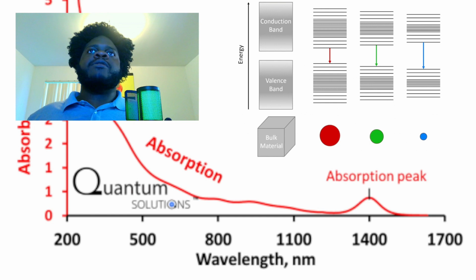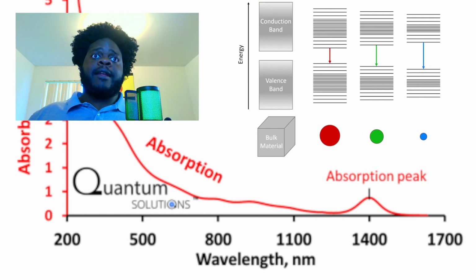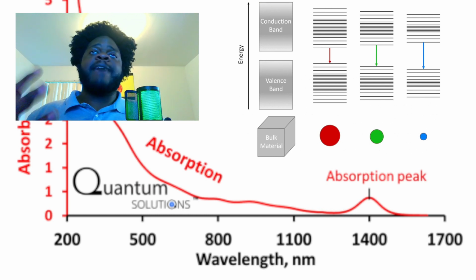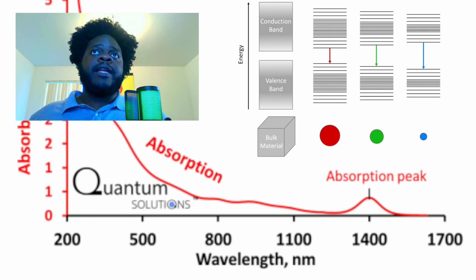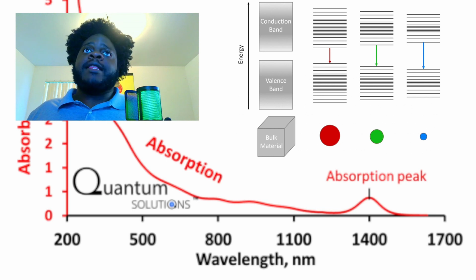What happens when you shrink a material down to such a small size is that you start to restrict how the charge carriers in that material, the electrons and electron holes, can move around. And so you start getting quantization. They can only exist at certain energy levels, others are forbidden essentially. And so you start to see gaps in this continuous band structure.